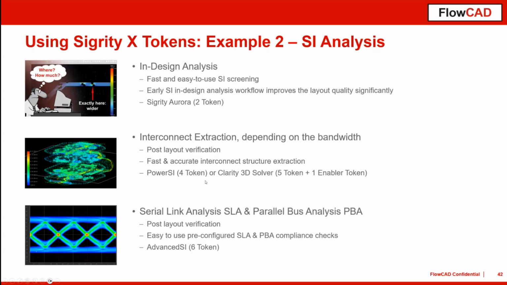The extraction goes up to several gigahertz, let's say 5, 6, 7, 8 gigahertz, and then it's very accurate. But beyond this, for example PCI Express Gen 4 and 5, which go up to 40 gigahertz and beyond in bandwidth, then you need the 3D solver.